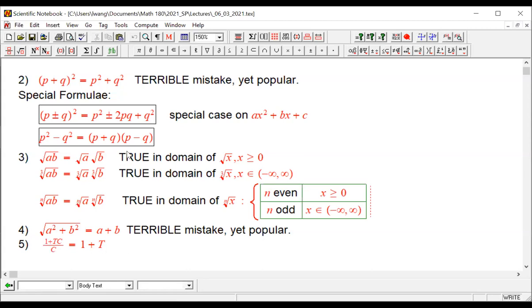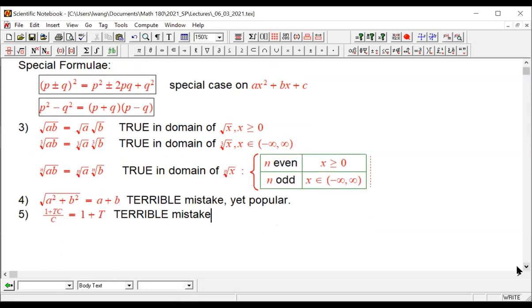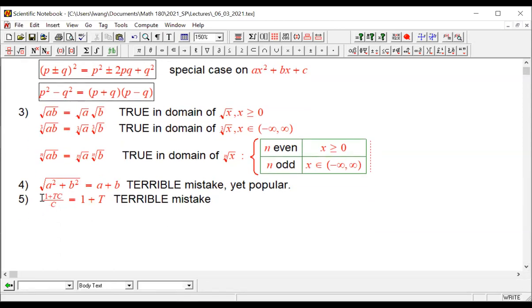This is another terrible mistake. This is actually an elementary algebra level mistake. So practice some more reducing, right?